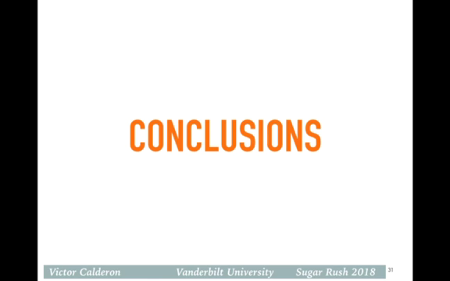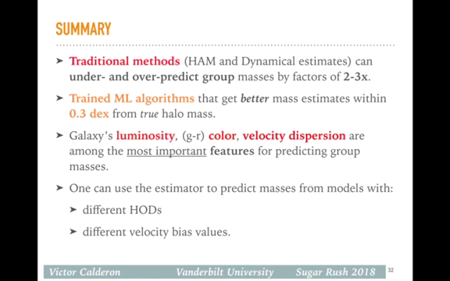So to conclude, we investigated how traditional methods can under- and over-predict group masses. They do so by a factor of 2 to 3. We trained a machine learning algorithm on different features related to the galaxy and group properties, and we get better mass estimates, within 0.3 dex of the true halo mass.